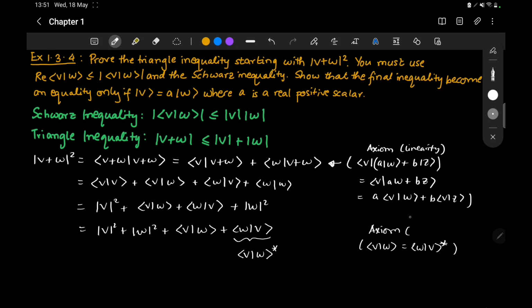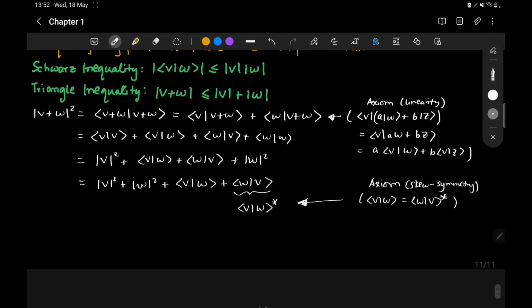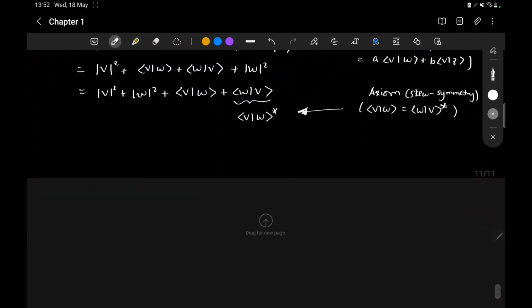So this is skew symmetric. This is the property of skew symmetry. So this is another axiom. Using this axiom, you will get this. Now let us proceed.